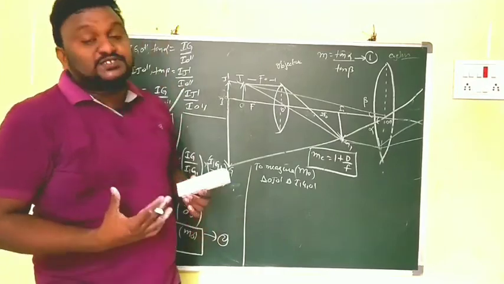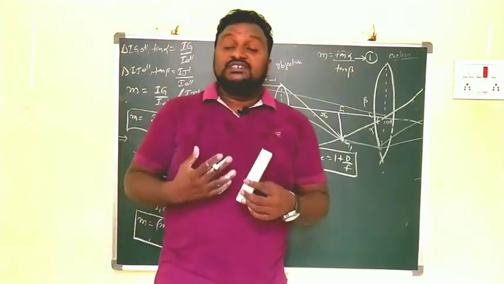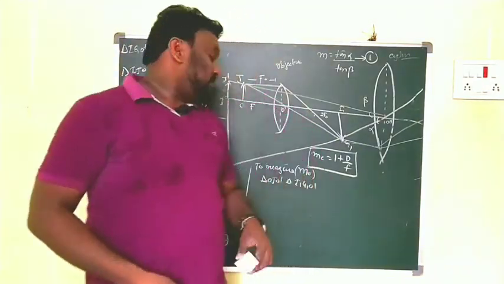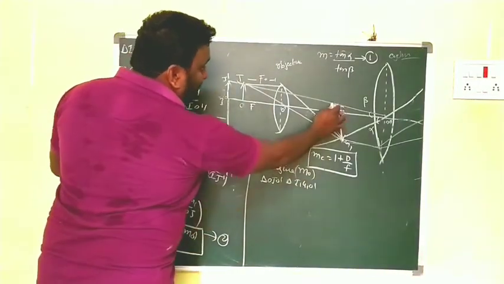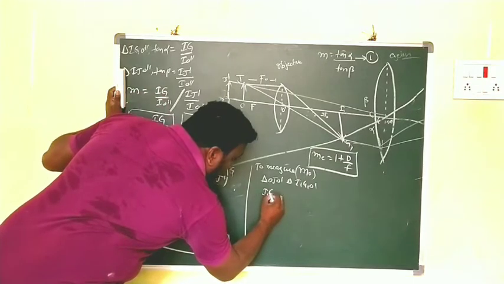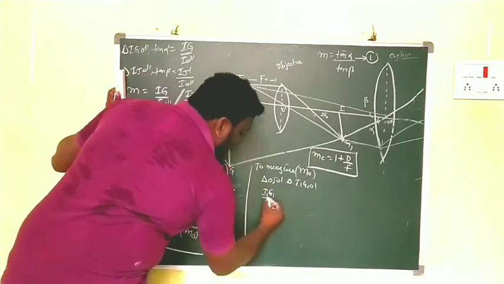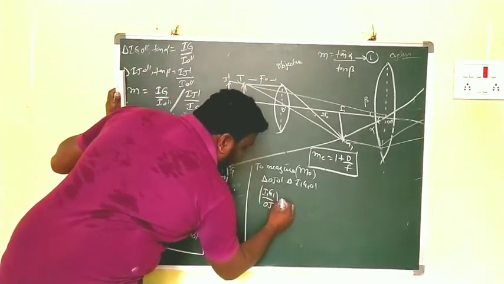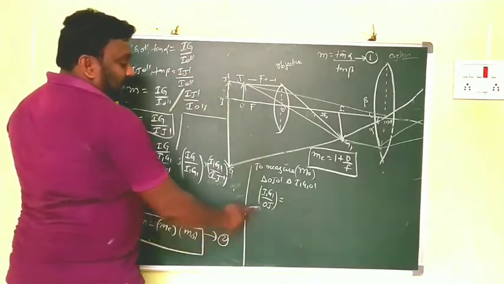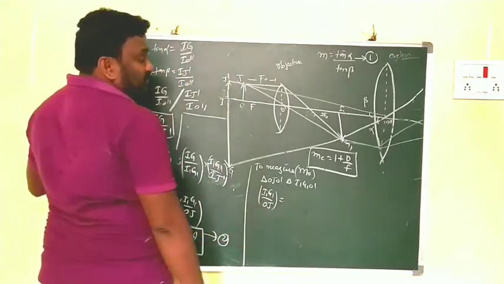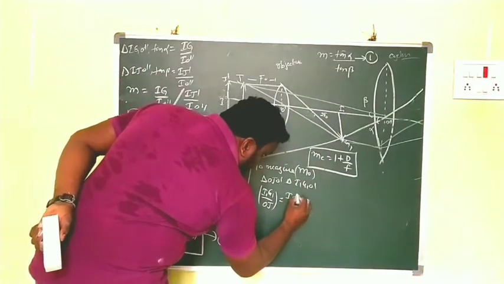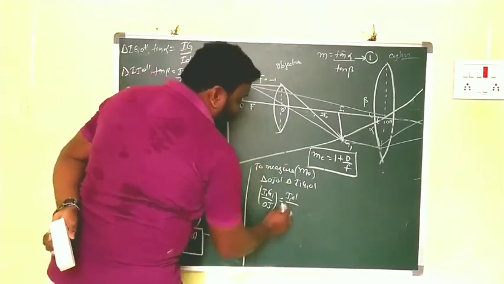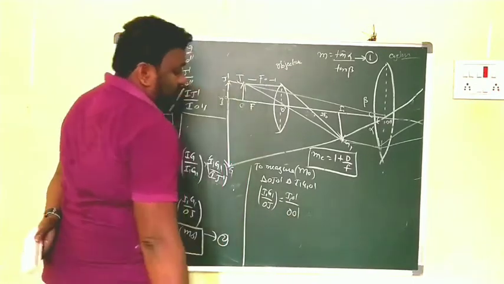In similar triangles, the ratio of the corresponding sides must be equal. That's why I am writing I1 Z1 by O J is equals to I1 O dash by O O dash. Clear?